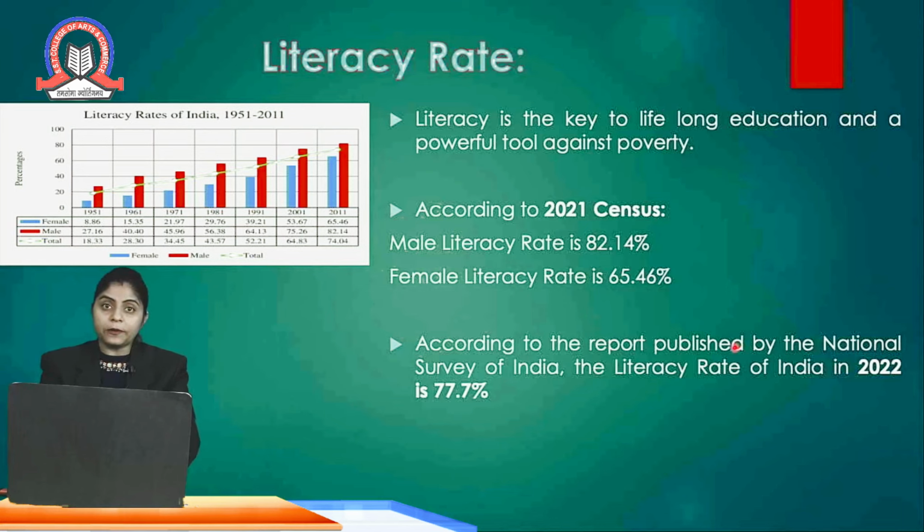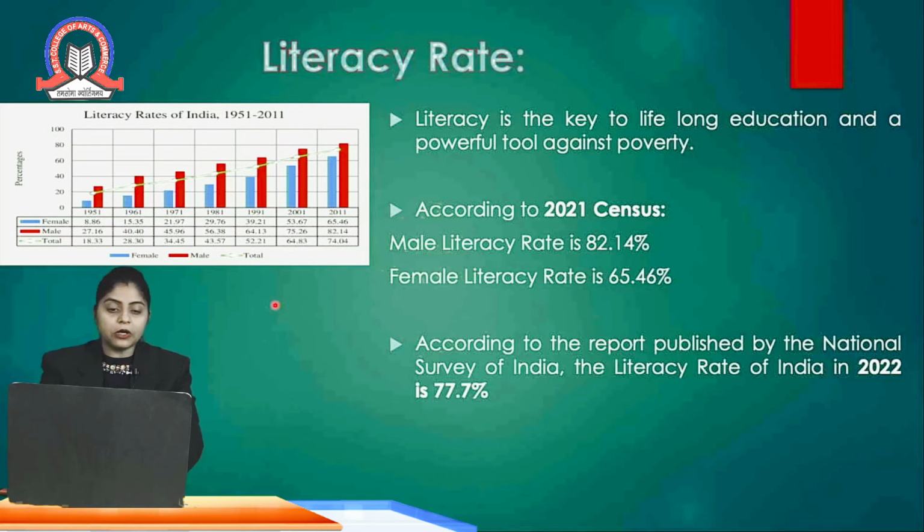According to the report published by the National Survey of India, the literacy rate of India in 2022 is 77.7%, which is growing, and out of all the states in India, Kerala ranks first in literacy rate.